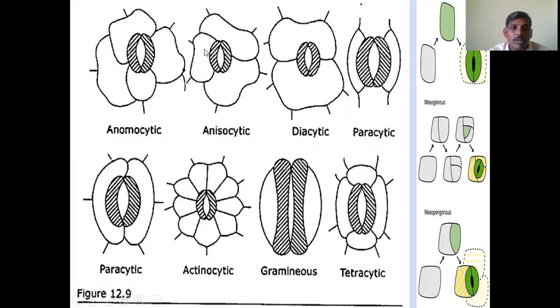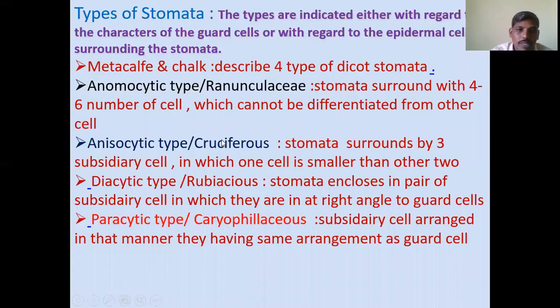Among the 3, one is small, the remaining 2 are large. Such types of stomata are called anisocytic. Example is cruciferous type, cruciferous plants or Brassicaceae members.